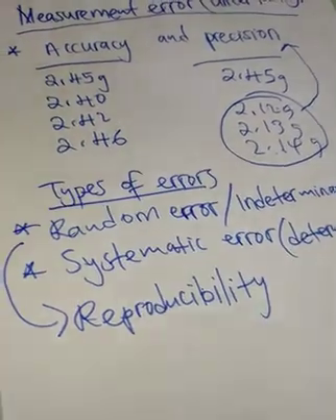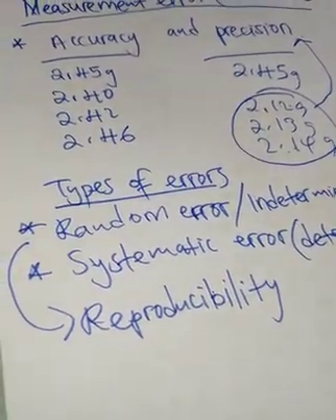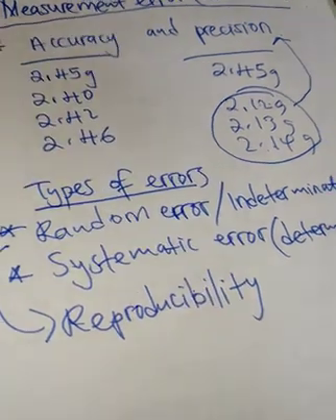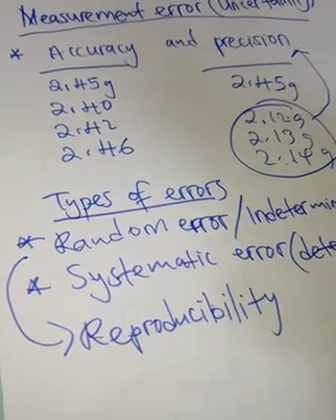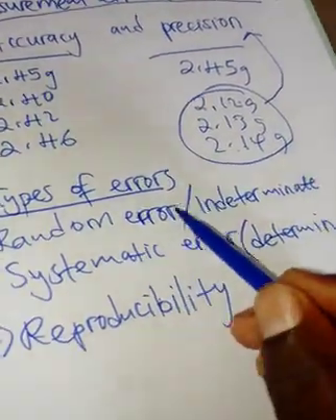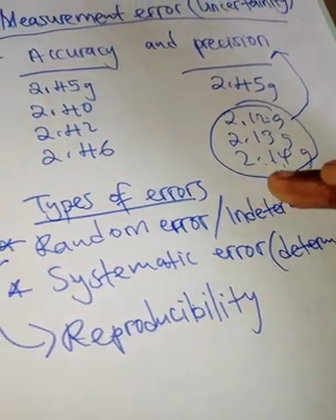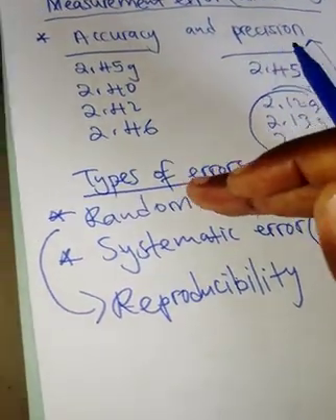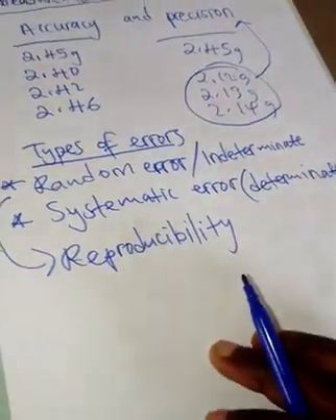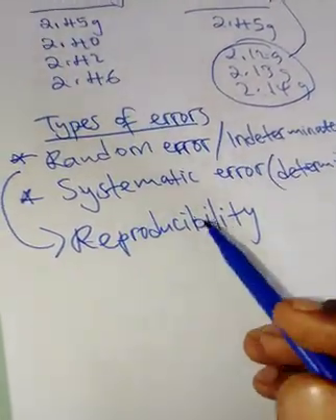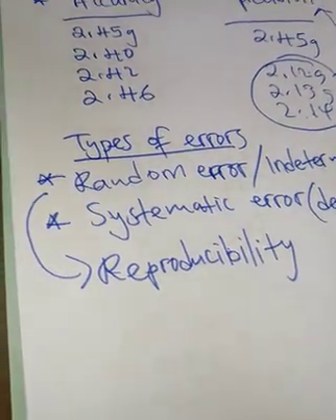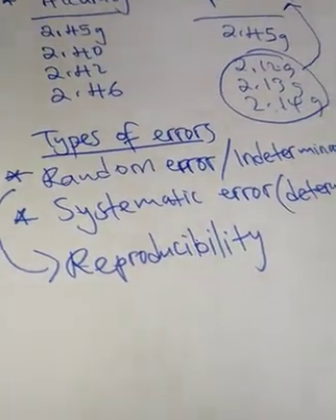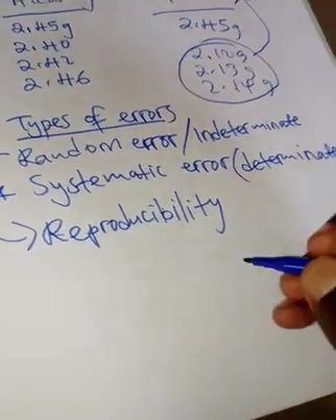For random errors, a measurement always has an equal chance of being high or low. Then for systematic errors, a measurement occurs only in one direction, in the same direction only.